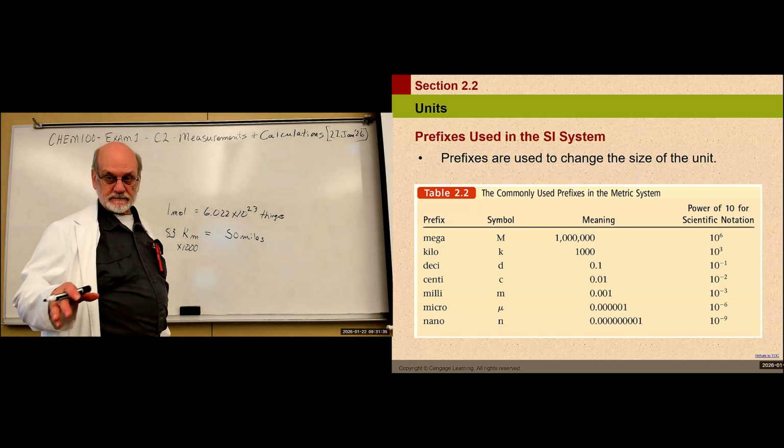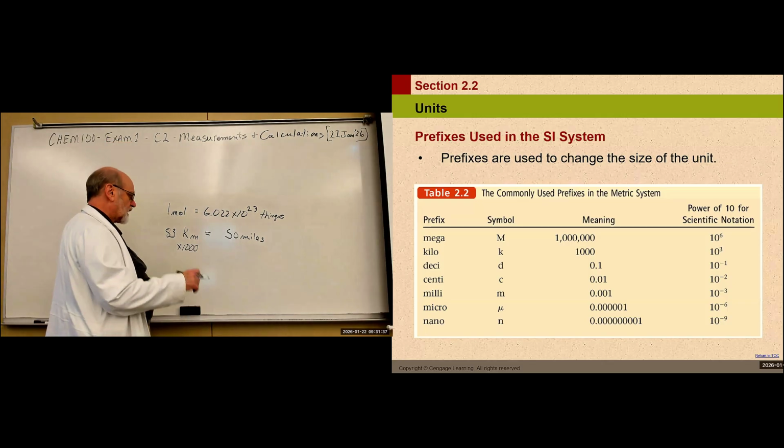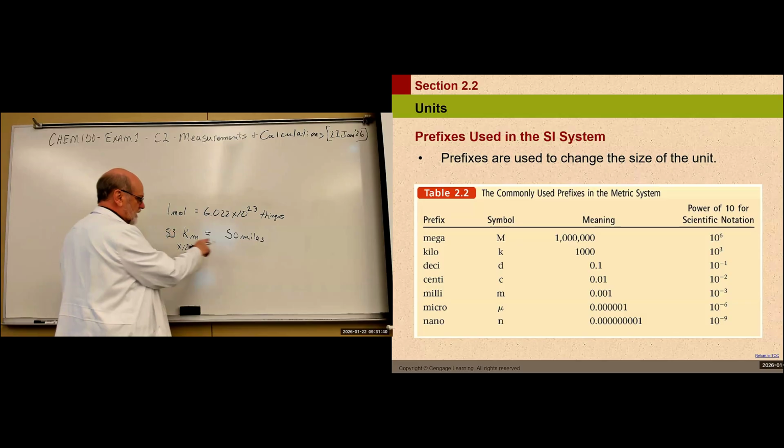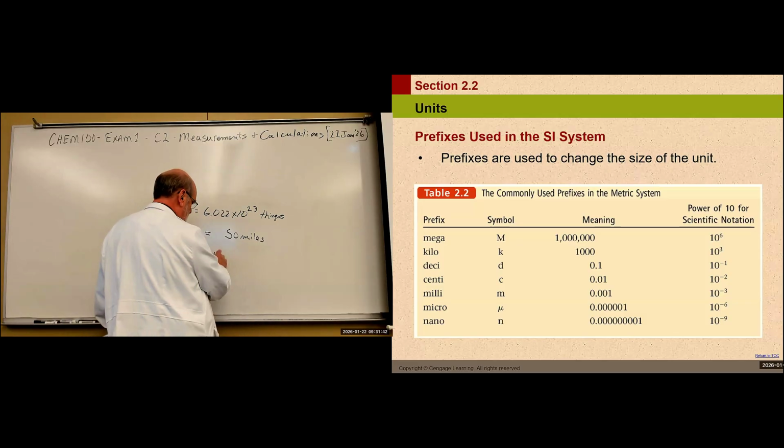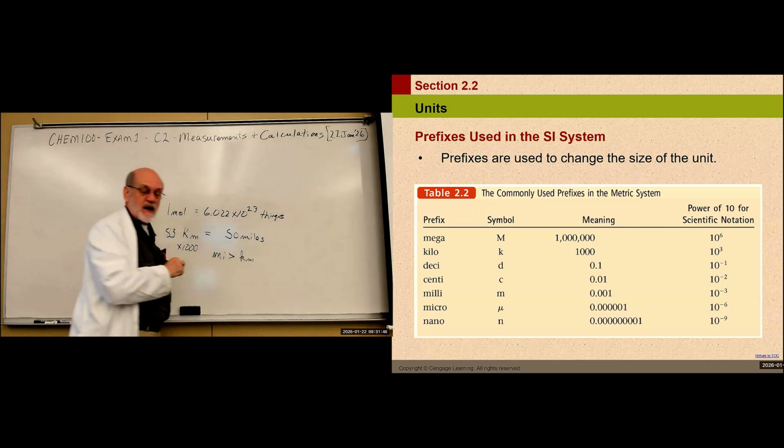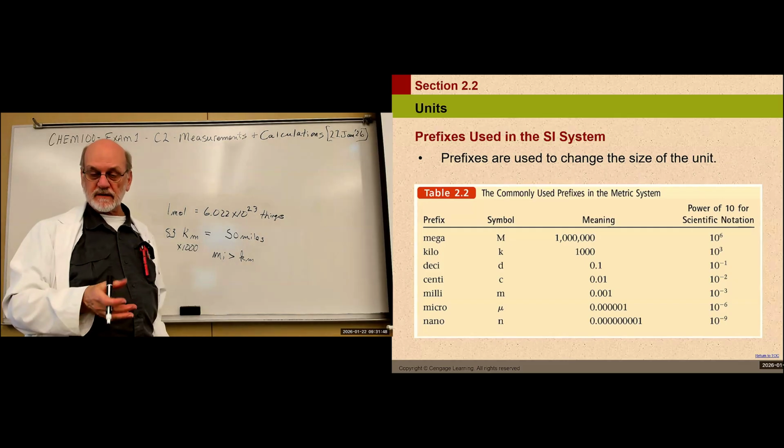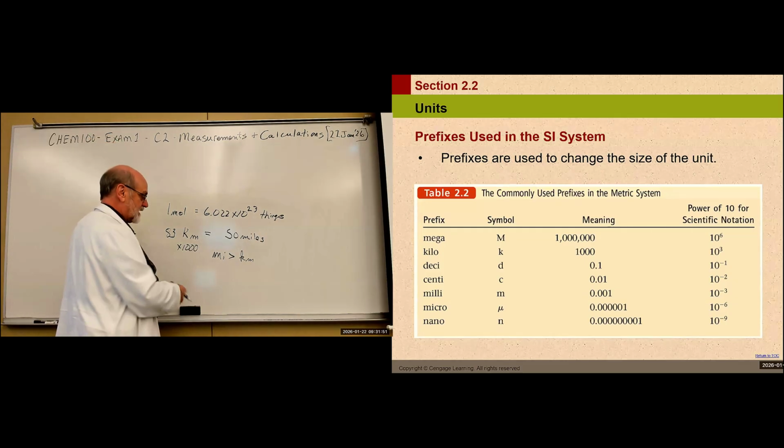Notice what happens. The mile is larger than the kilometer by about 60%. Right?